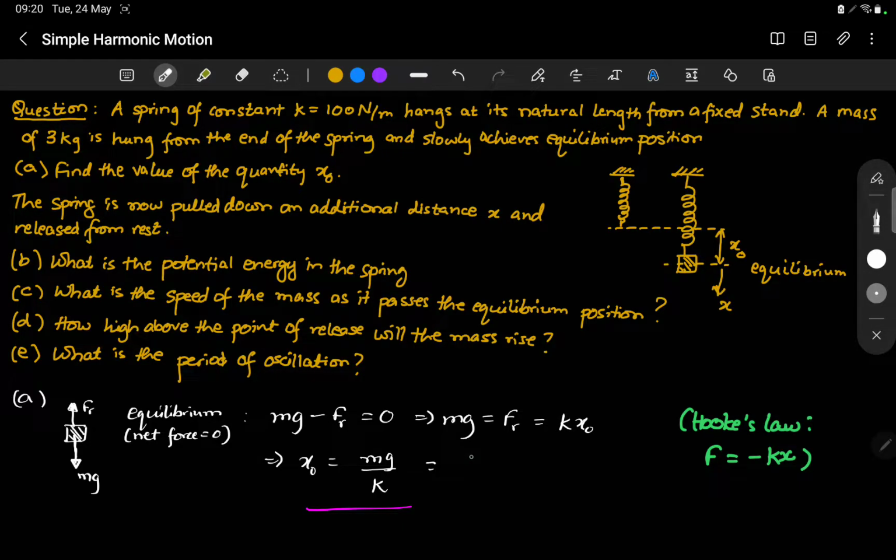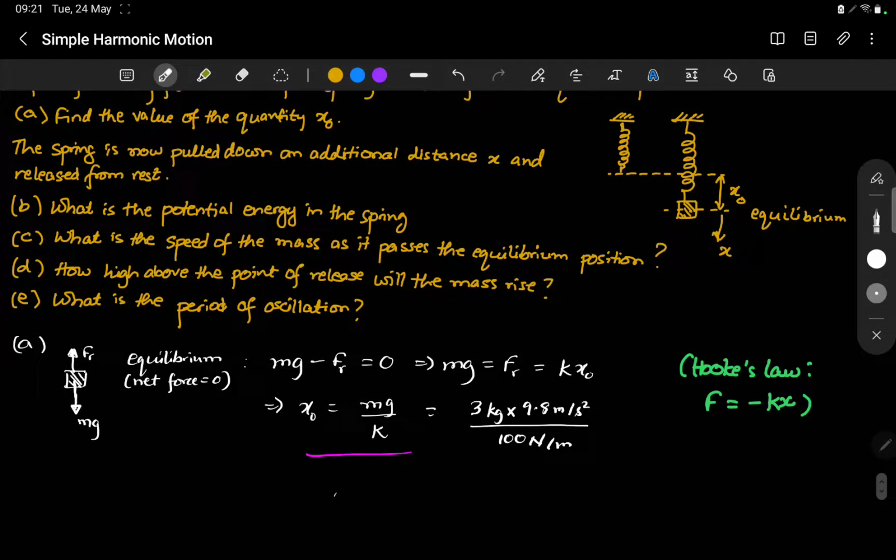So mg by k would be 3 kg into 9.8 meter per second squared over k, which is given as 100 Newton per meter, and we can approximate g to be roughly 10 meter per second squared to make our calculations easy.